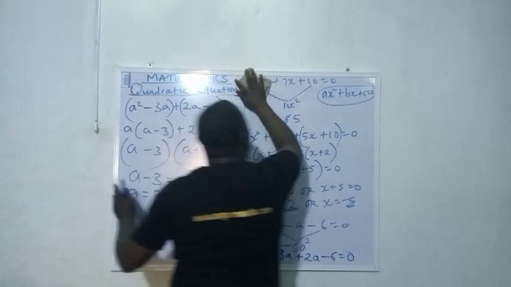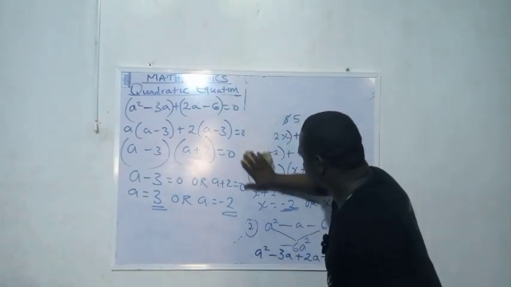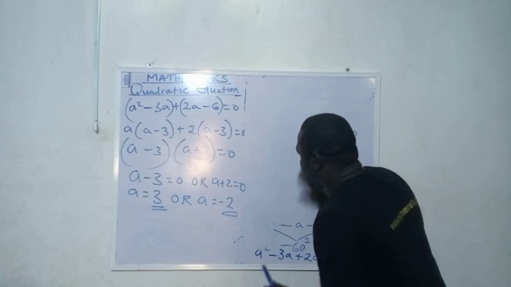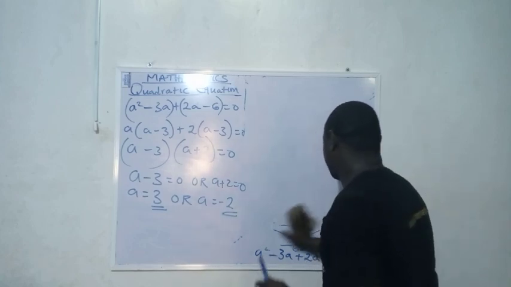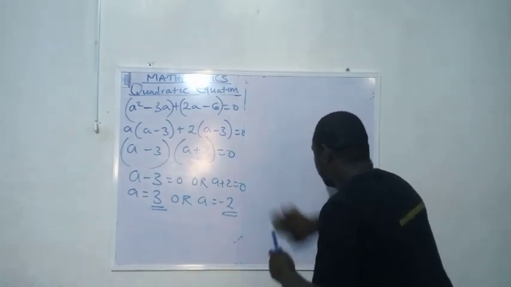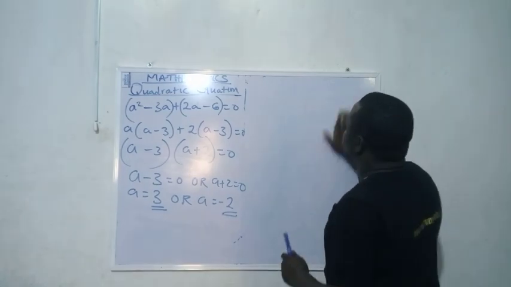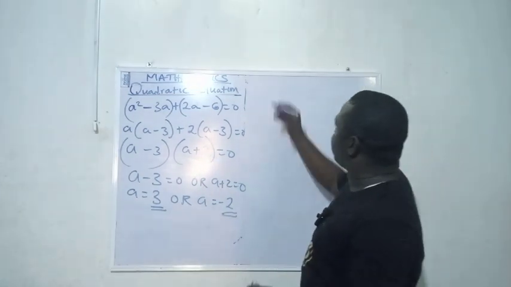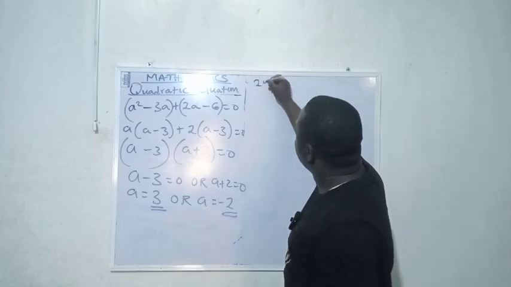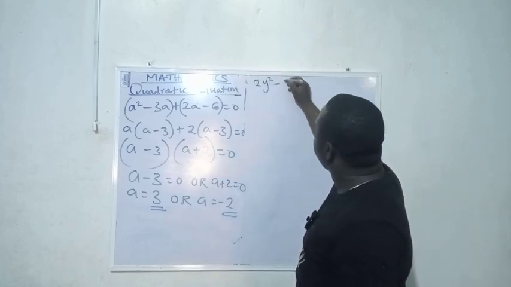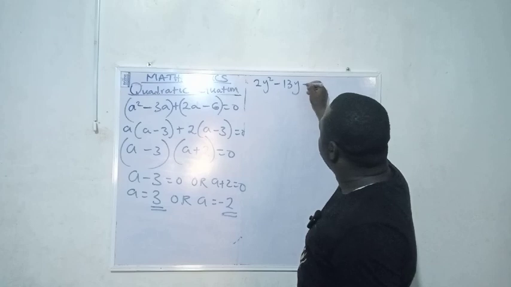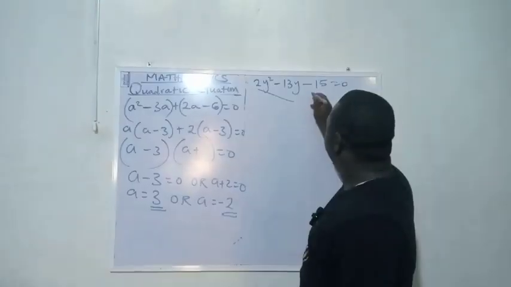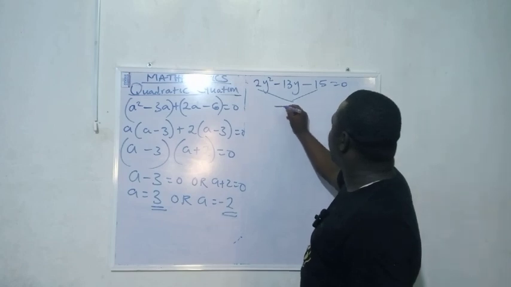Now, that takes us to the last question. The last question says 2y squared minus 13y minus 15 equals 0. I will not waste time on this. I won't explain.